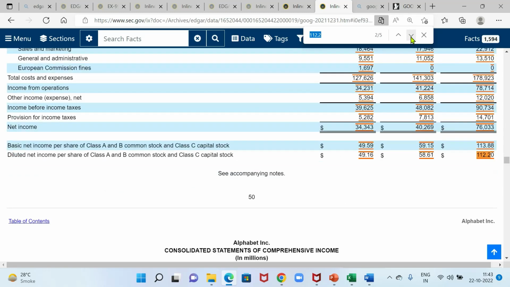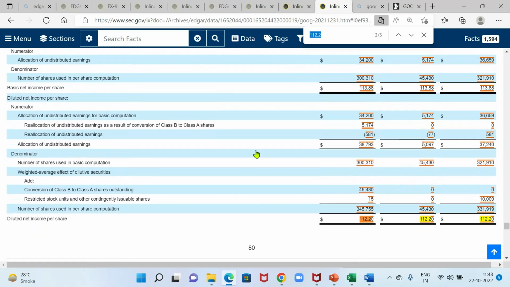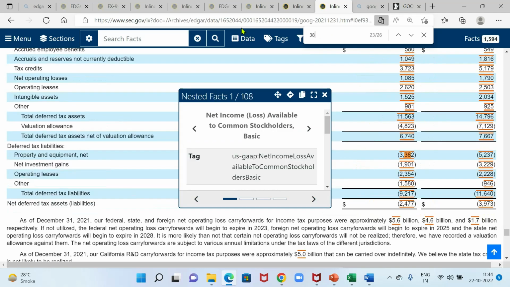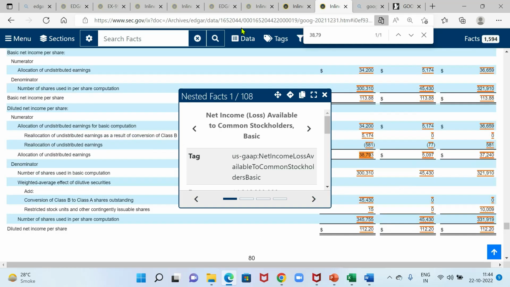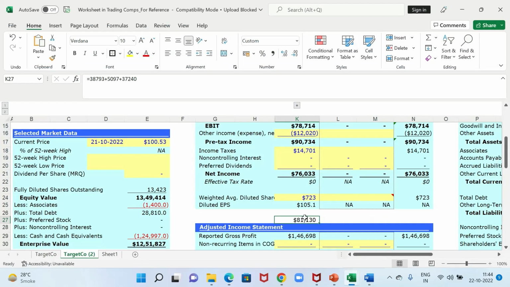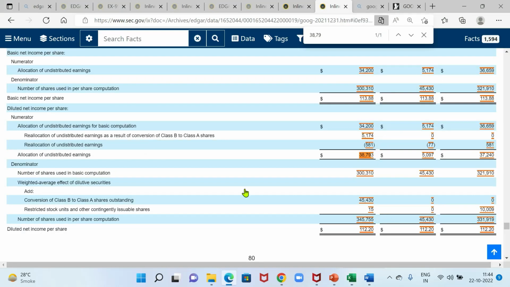There is some mistake, I guess, the company has made. So allocation of undistributed earnings, 38,79. So when we do the numerator, it is the sum of these things, which is 81130, whereas our net income is this. So this is showing something else.